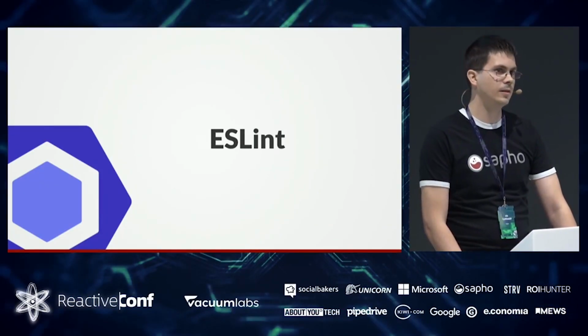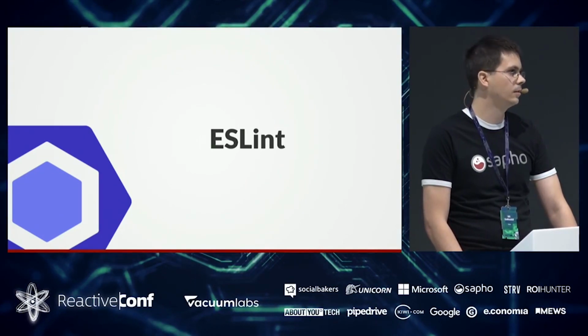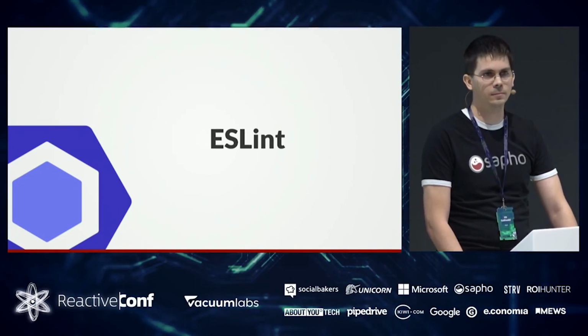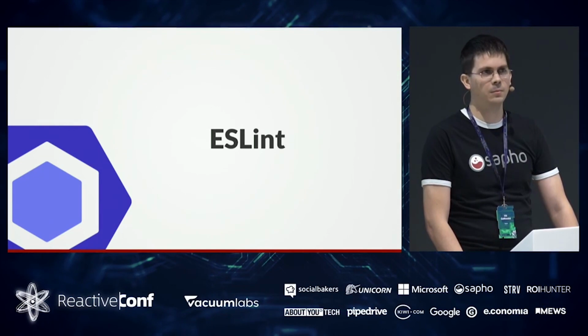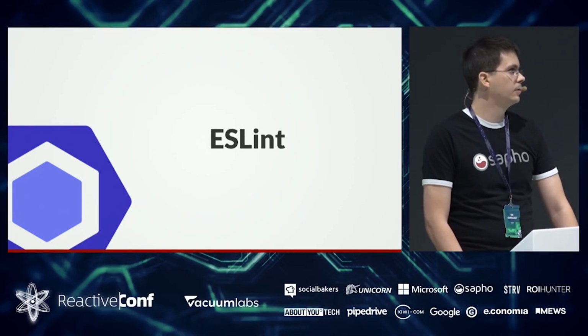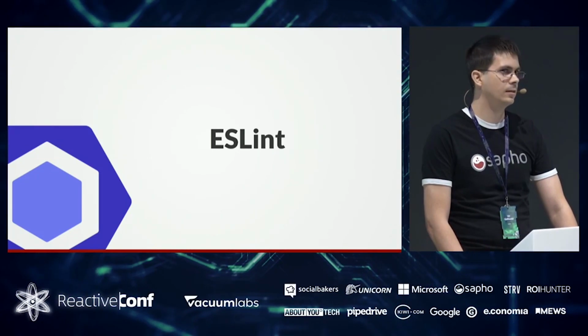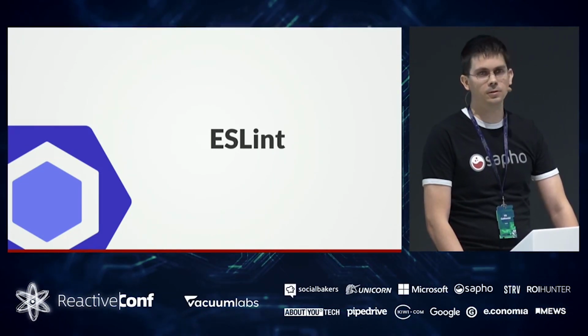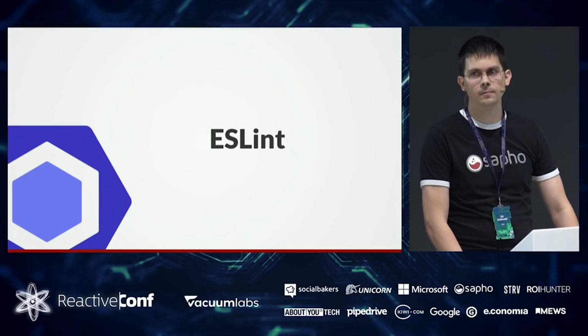It has strictly separated the phase of parsing from the phase of linting. Parsing is done by a dedicated parser, and the AST it produces is then passed as an input to a linting rule that anyone can write.